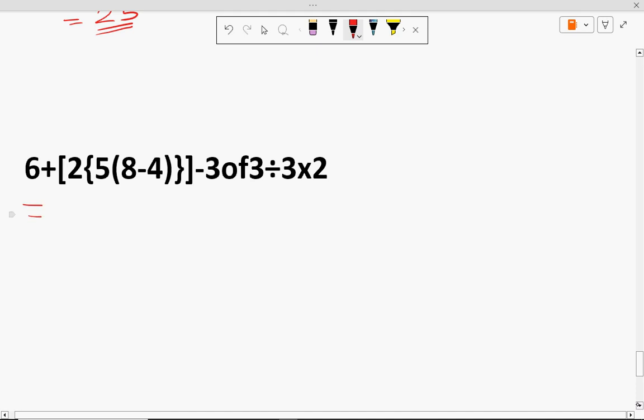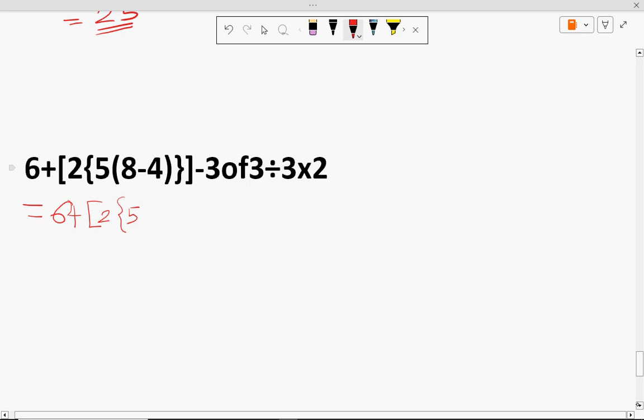To solve this, we will write 6 as it is, big bracket 2 curly bracket 5. Now we'll solve this small bracket.